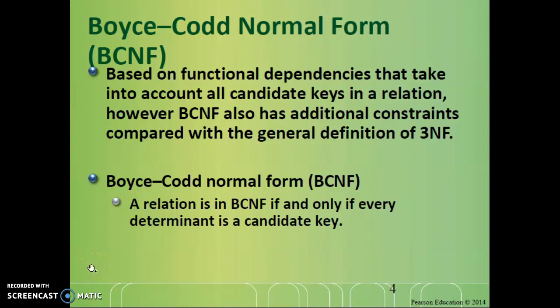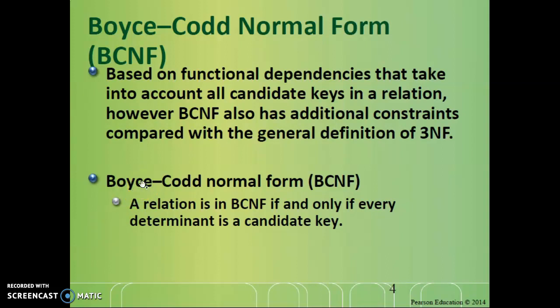Hello students, in previous lecture series videos related to normalization, we have seen first, second, third normal forms, and we can eliminate redundancy and update anomalies or problems through first, second and third normal forms to some extent.